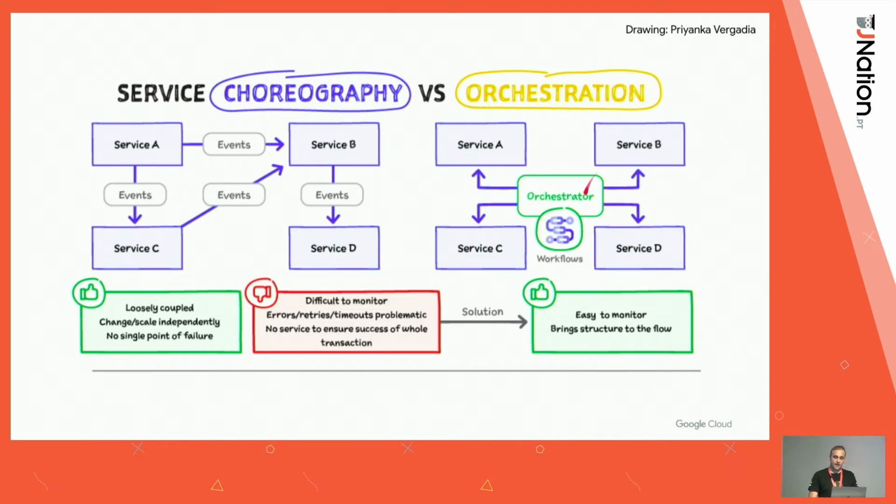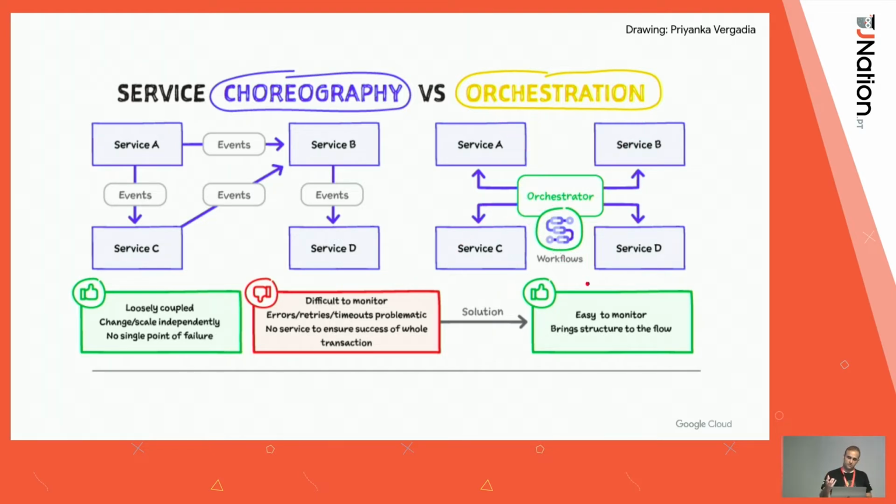Now, on the other hand, you can also use what's called an orchestrator, an external service that orchestrates the calls in the order that you define. So here, Google has something called Workflows, for example. Here you define in Workflows how your services should be called, and an orchestrator will call those services in the order that you defined.